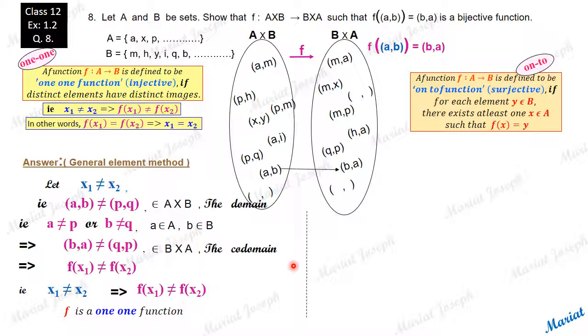Now let's see whether it is an onto function. To call it an onto function, the definition says that for each element taken from the codomain, there must be at least one element in the domain such that the image of that element is the original element we started with.